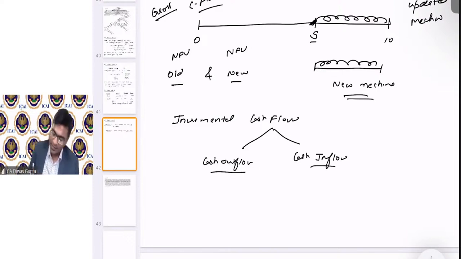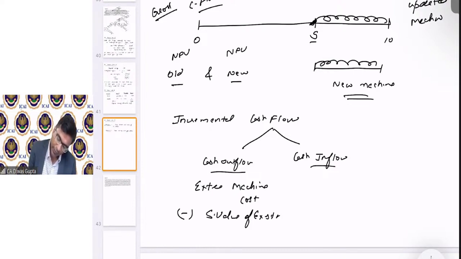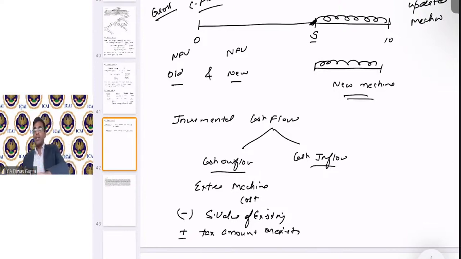Incremental cash outflow is basically the extra machine cost, correct? Whatever you have to pay extra now, minus salvage value of the existing machine, and plus or minus the tax amount on the existing machine. Let's say you sold the existing machine for a loss that is allowed for tax purposes. On that, you will save tax.